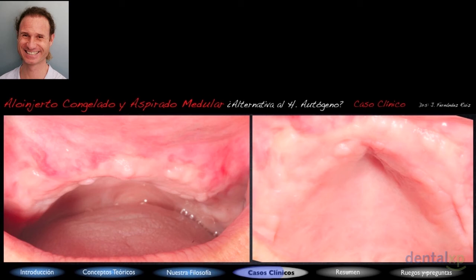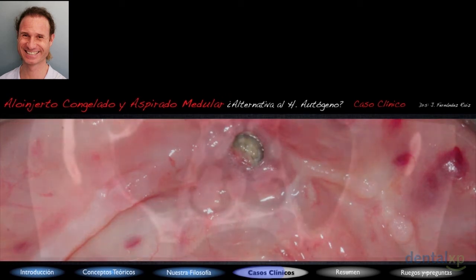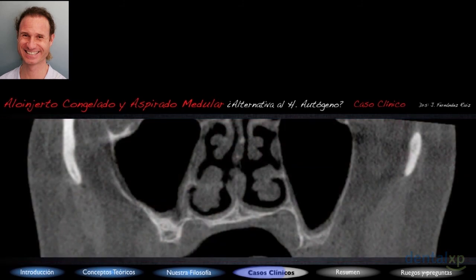This is the lower arch and how the 2 implants that she had were in a very bad situation. Now look at the maxilla, and how the right maxillary sinus was getting cleaner after the removal of the implant.